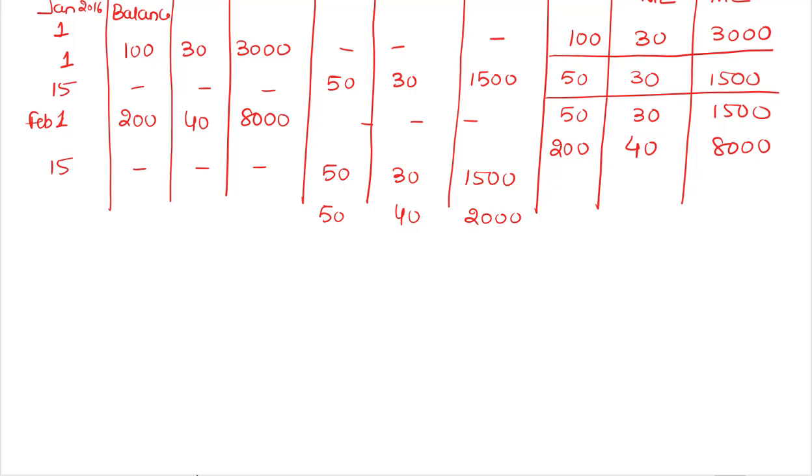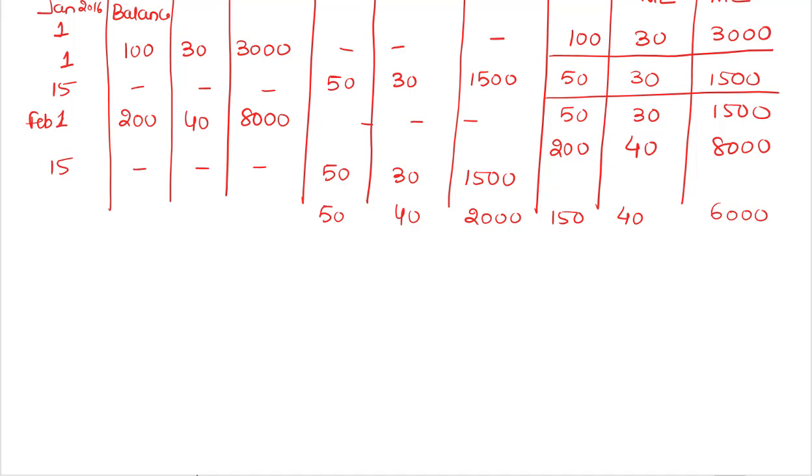Now over here what would be the balance? The balance would be 150, 40. 150 multiplied by 40 is 6000. This would be the balance.